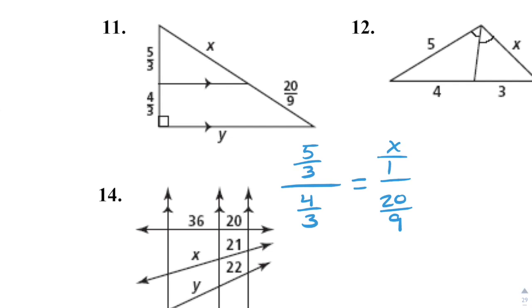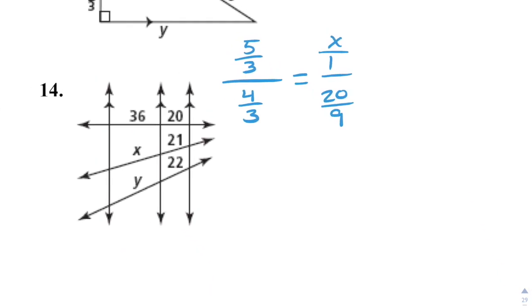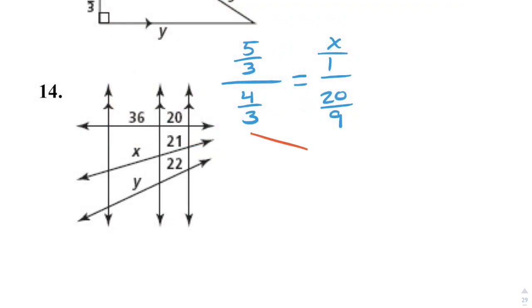What you now have is a nice, clean way of computing these fractions. Rewrite this as 5 over 3, not divided by, but times 3 over 4. Multiplying by the reciprocal is equivalent to dividing by the reciprocal, right?